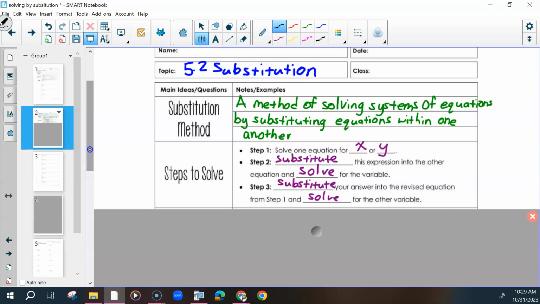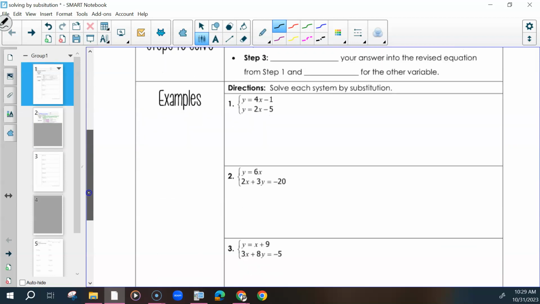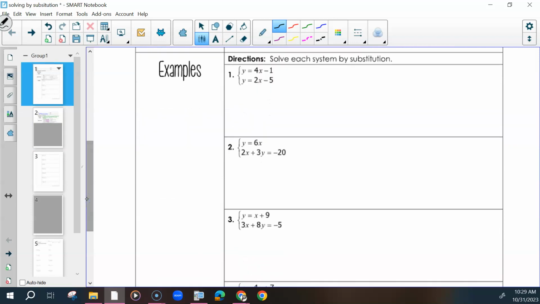I will come back to this if you still need it. So, step 1, solve one of the equations for x or y. In this case, both of these are already solved for y, so we don't have to do that part. Step 2, substitute the expression into the other equation.